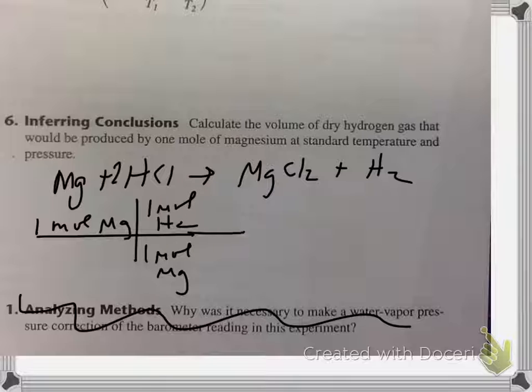of H2. Now they're saying at standard temp and pressure. What's the volume of dry hydrogen gas that would be produced by 1 mole of magnesium at standard temp and pressure? Well, 1 mole of H2, and I'm going to write in there at STP, has a volume of what? 22.4 liters.